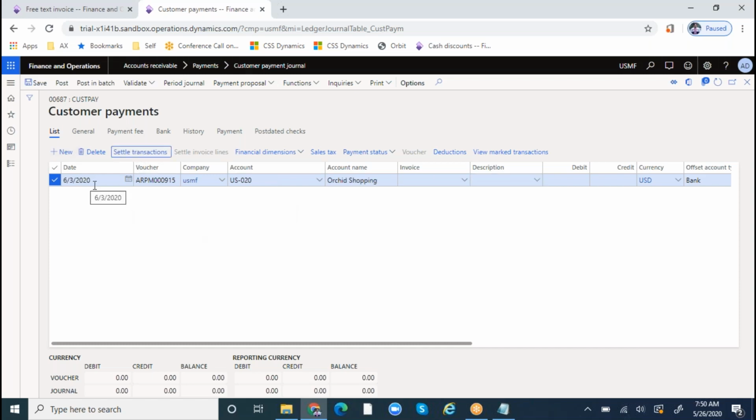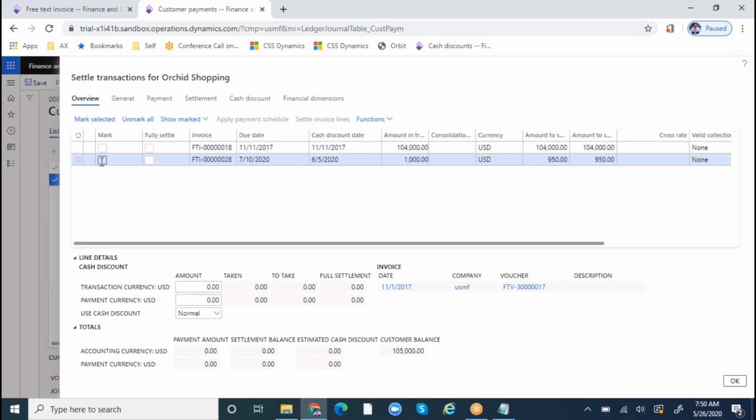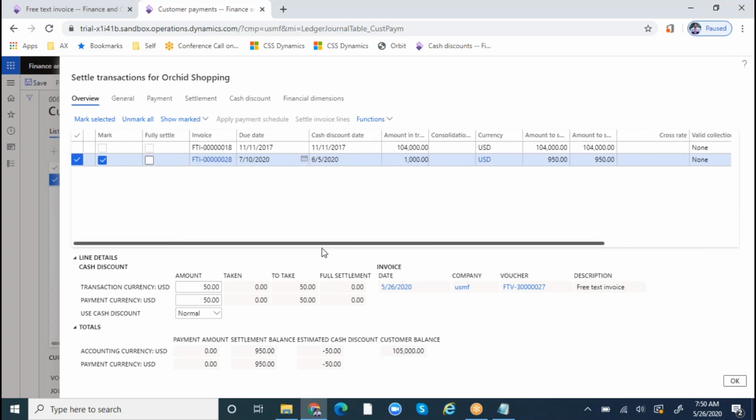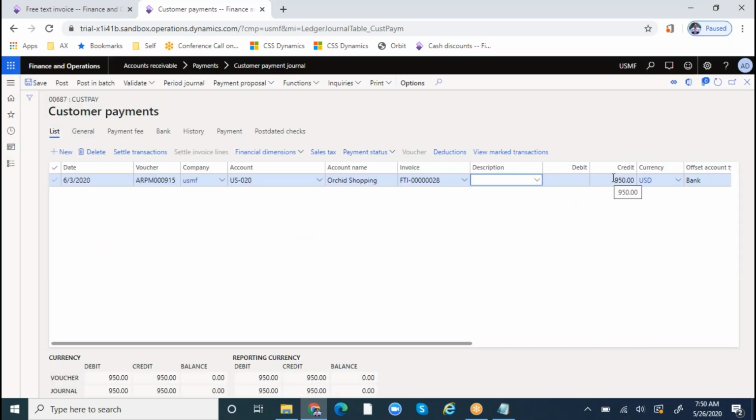Customer is paying on 3rd June. So if you select here 3rd June, okay, click OK. Still it is showing 950. Now delete this one.